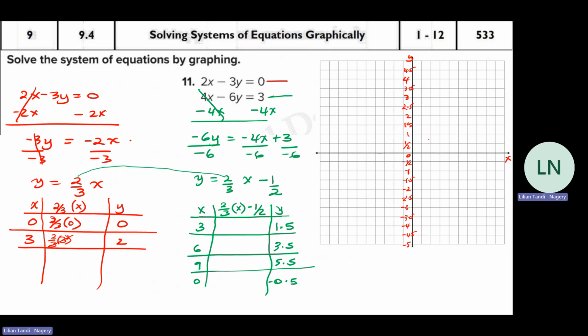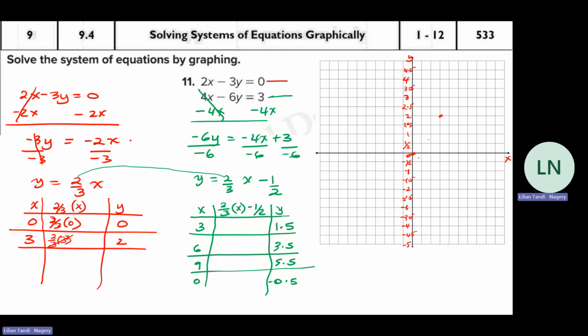You have to make sure you check your coordinate plane is labeled correctly. Okay, so 0, 0 is still here, and 3, 2 will be here. Half, 1, 1.5, 2.